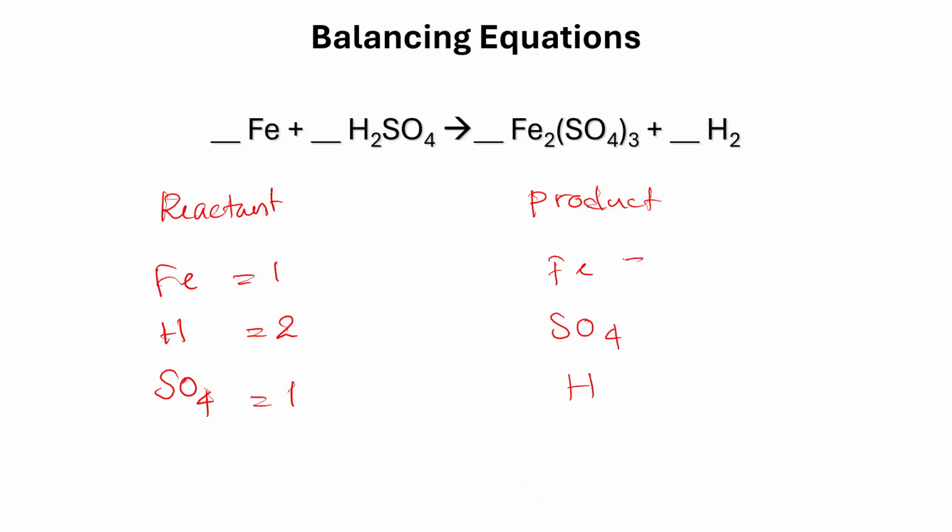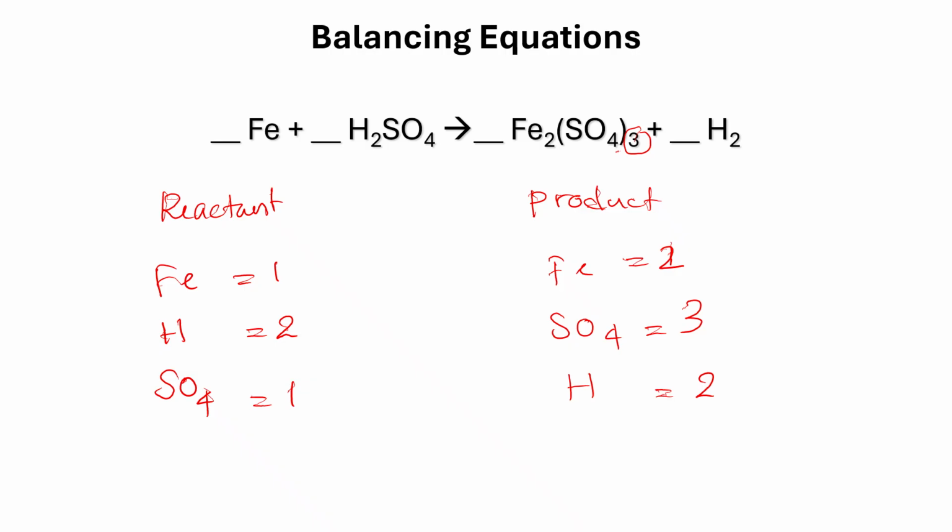On the product side you have one iron, and how many sulfate groups? You can see there is a subscript after the sulfate group, therefore there are 3 sulfates, and then there are 2 hydrogens.